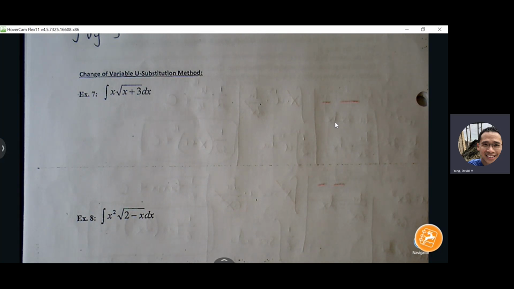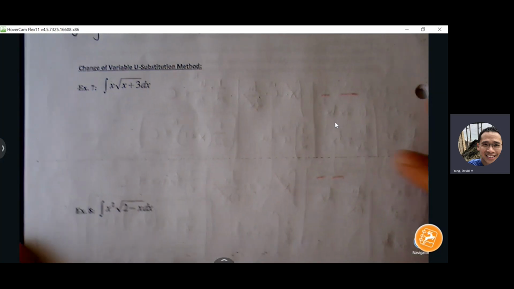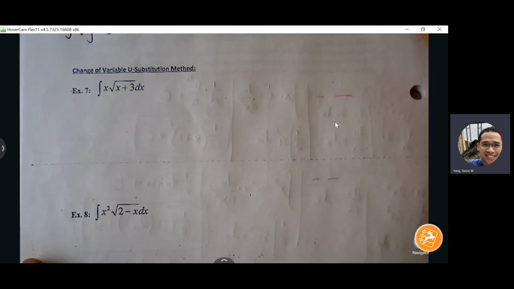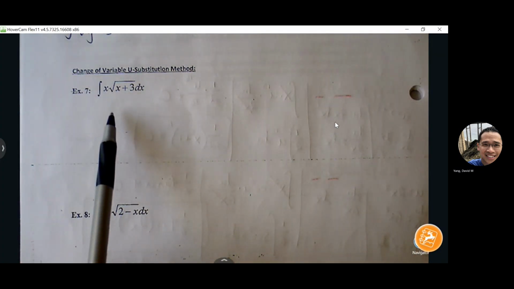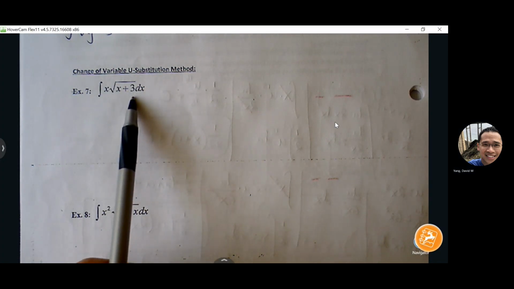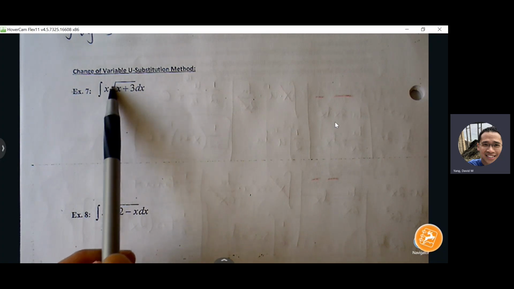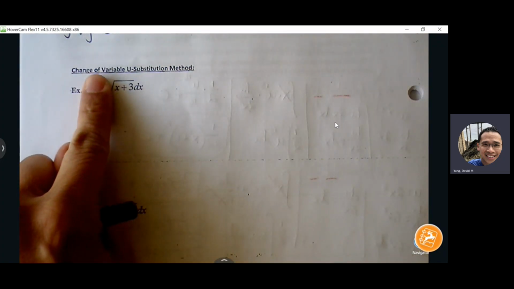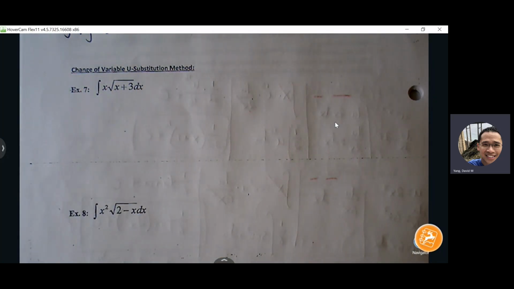But first things first, for example 7, are we able to expand this problem out and rely on power rule? Am I able to distribute that x through this radical? Okay, I can't. Because there's addition and subtraction inside, we would have to resolve the radical first, which we can't do before we can distribute the x through.